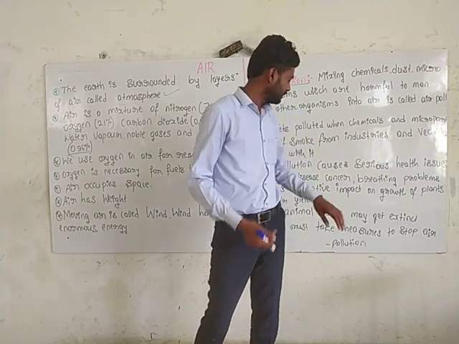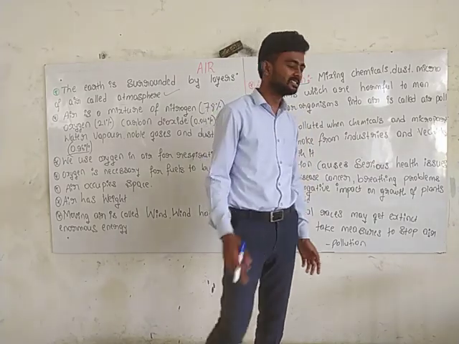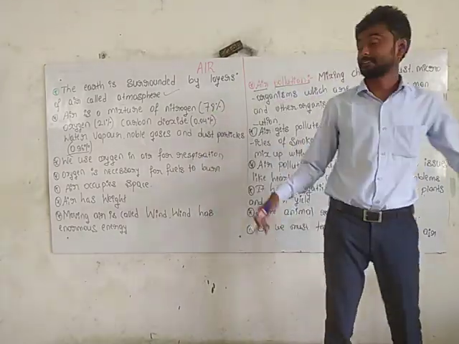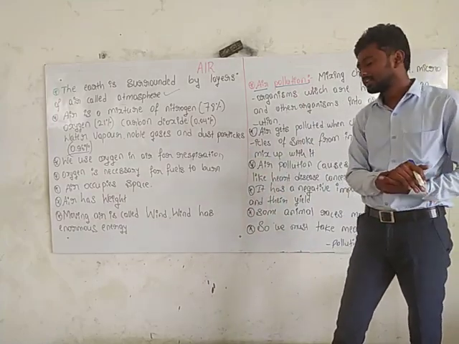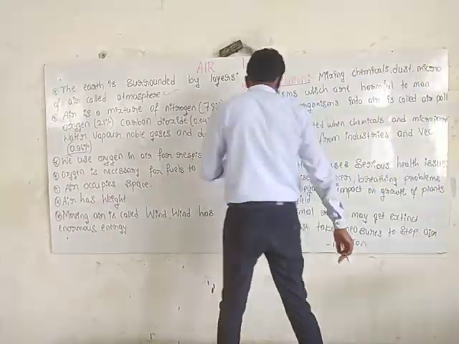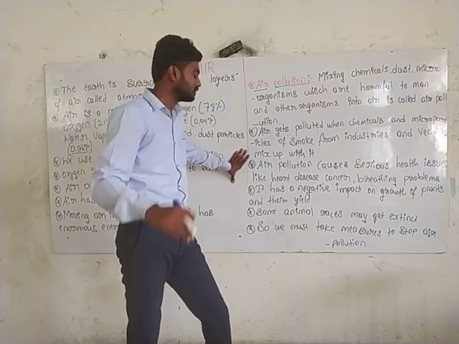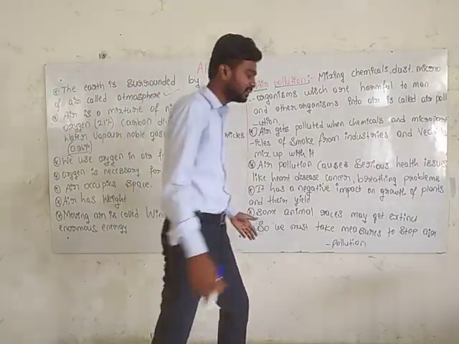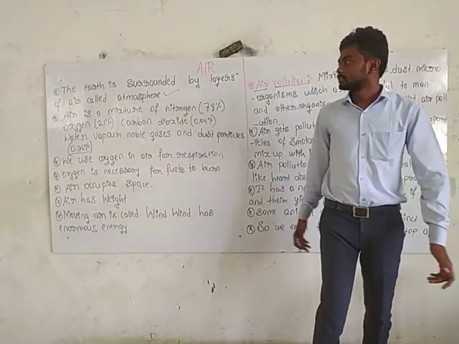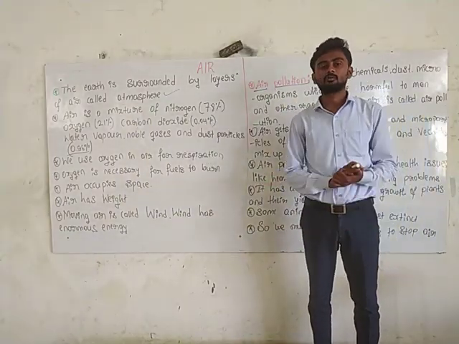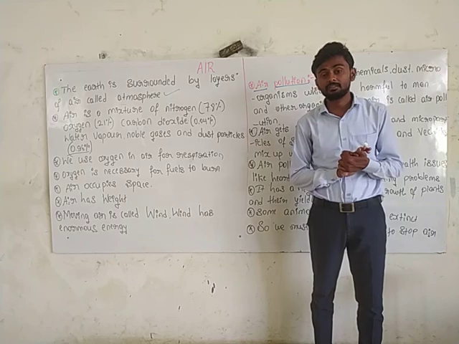Clear? Next one is some animals may get extinct by the actions of the air pollution. So we must take measures to stop that air pollution. Clear? So this lesson is completed.